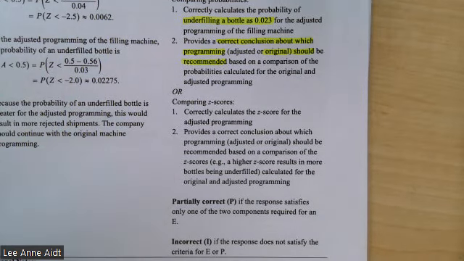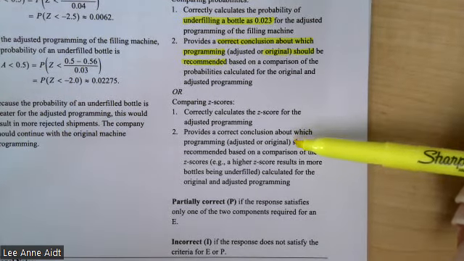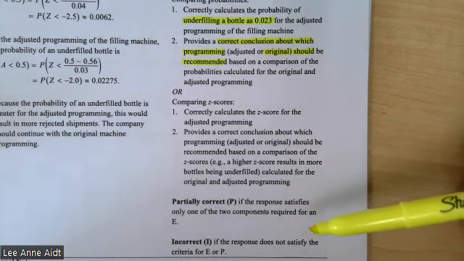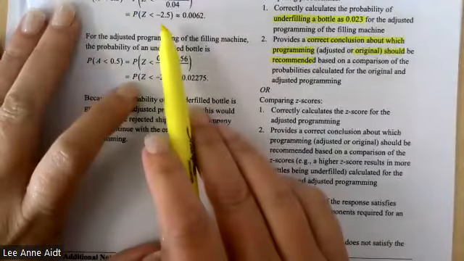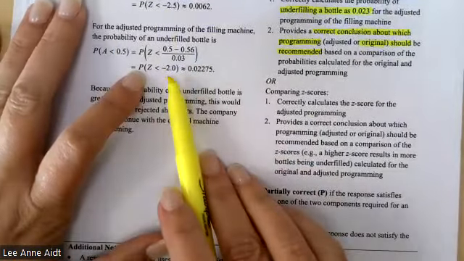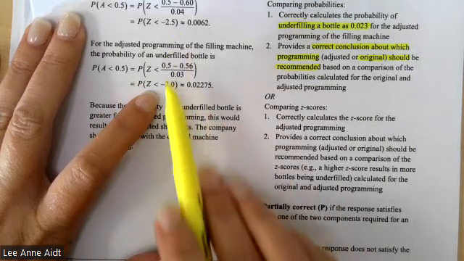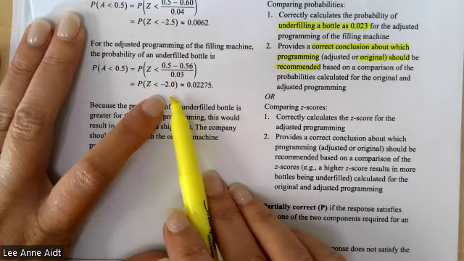Wait, pause. Z-score is how many standard deviations from the mean it is. Yeah. So did you find the z-scores? The z-score was negative 2.5 and negative 2. I think I would have gotten it wrong anyway.